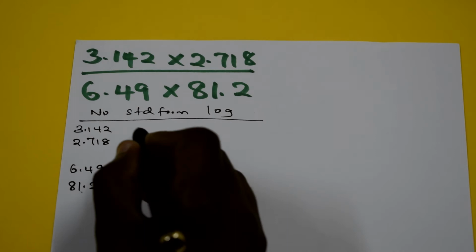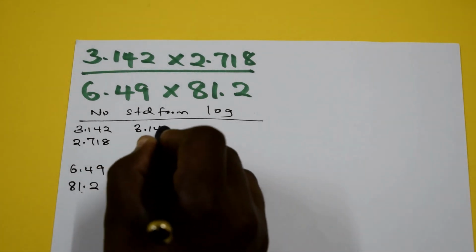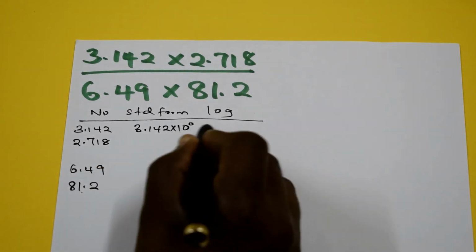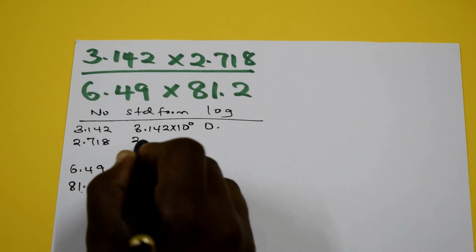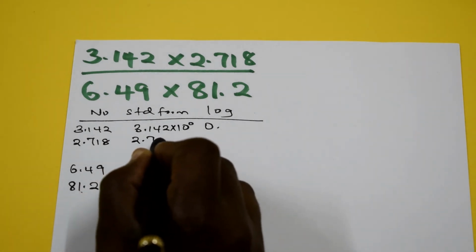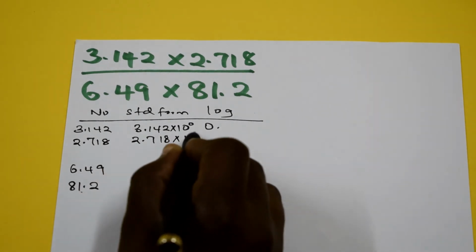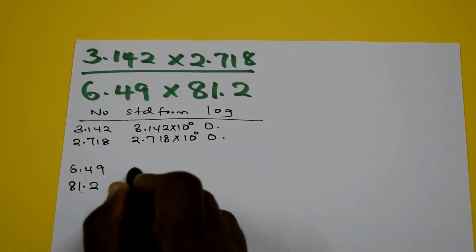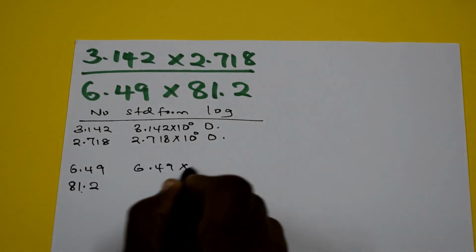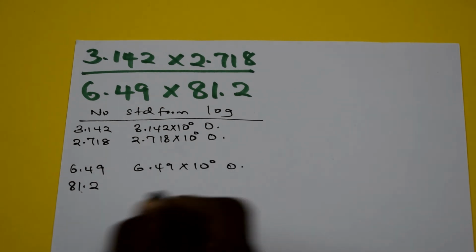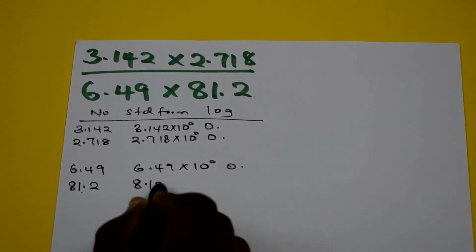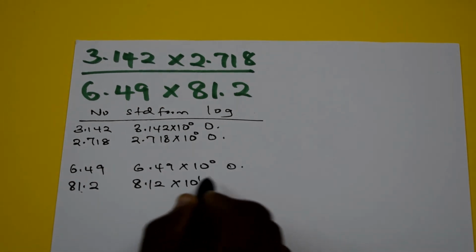Writing them in standard form, we have 3.142 times 10 power 0, 2.718 times 10 power 0, 6.49 times 10 power 0, and 8.12 times 10 power 1.